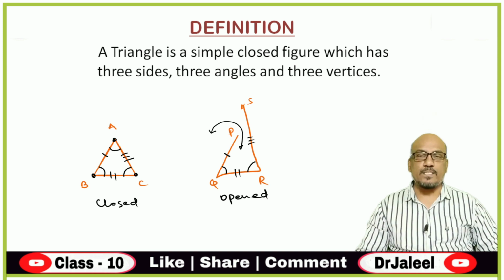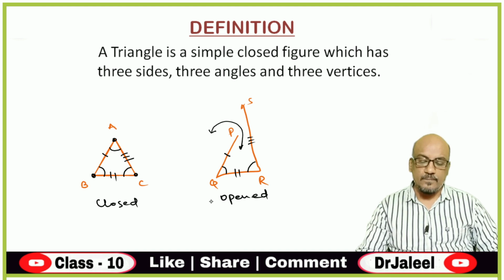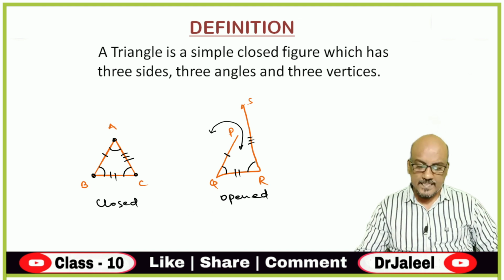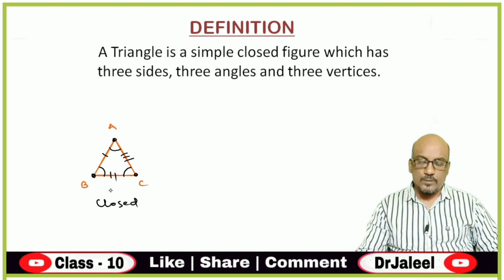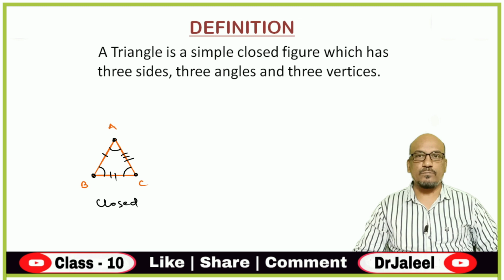By now you might have understood which one can be the triangle in these 2 figures. The right side figure, as it is open and has only 2 angles, cannot be a triangle. So this closed figure is a triangle.